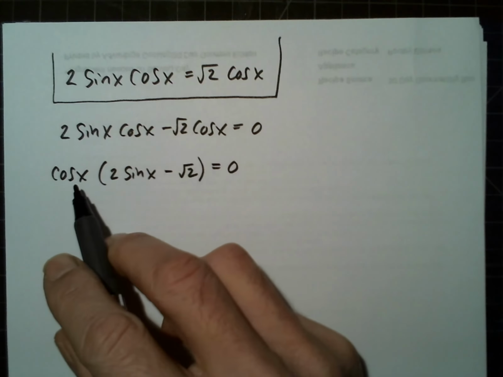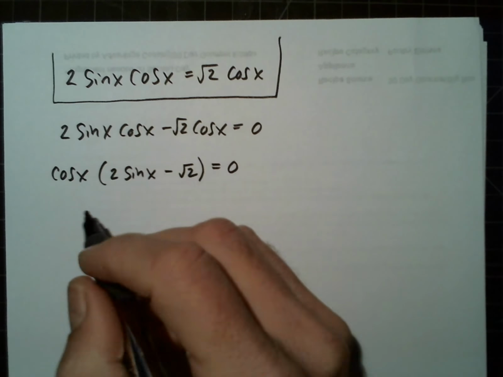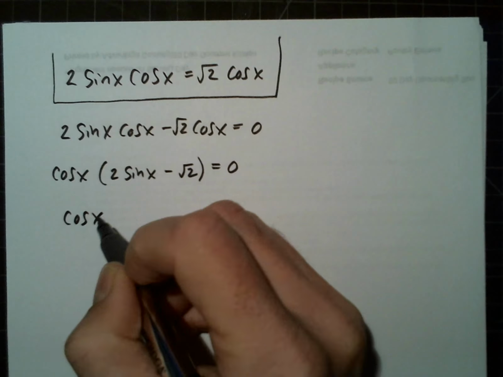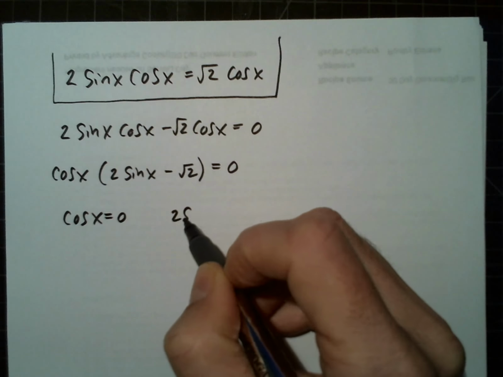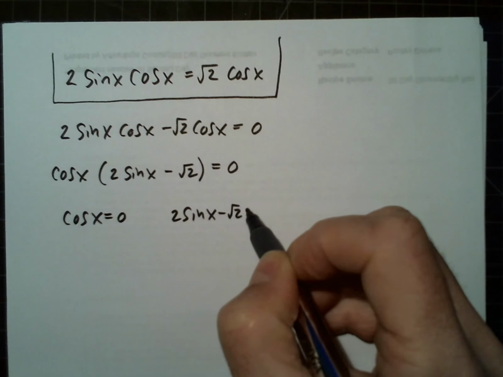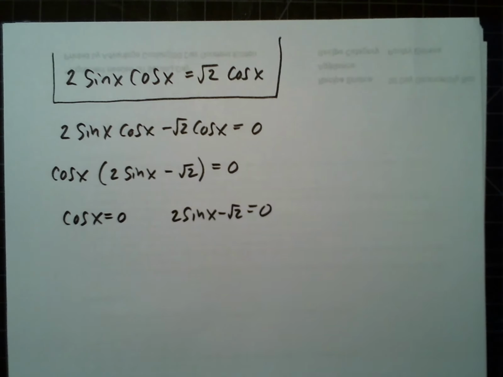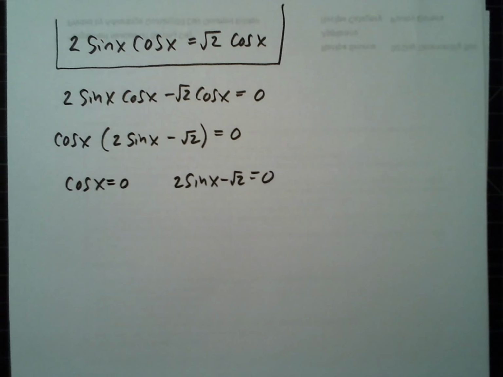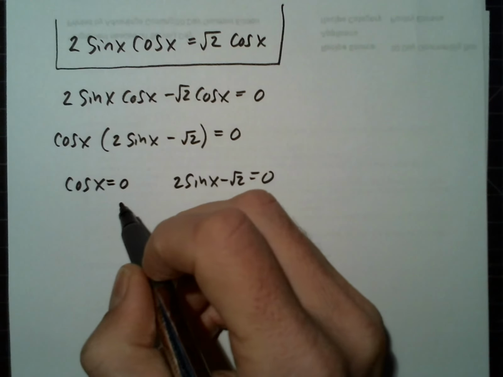Since these multiply to get 0, then either cosine must be 0 or 2 sine x minus radical 2 must be 0. And now we have two equations, and we can isolate here.